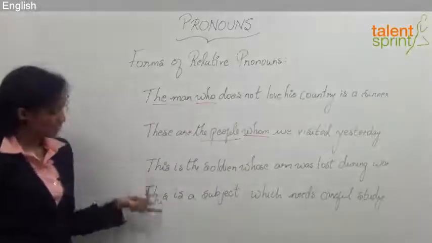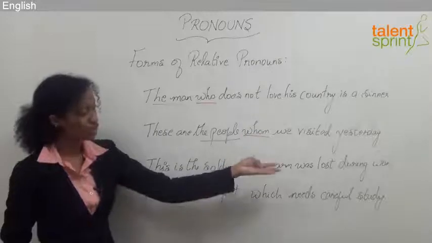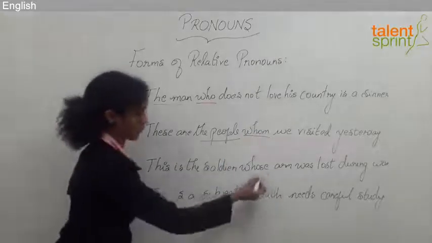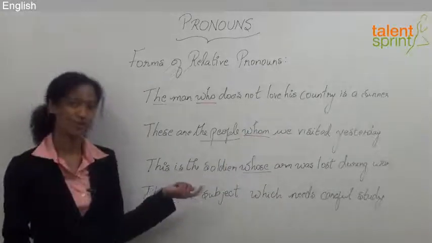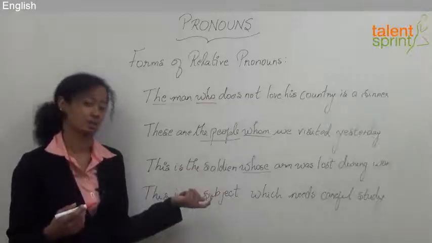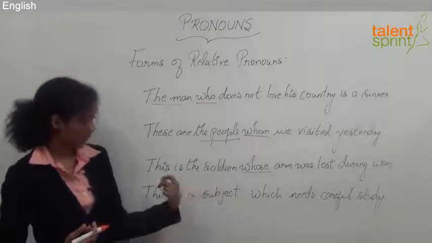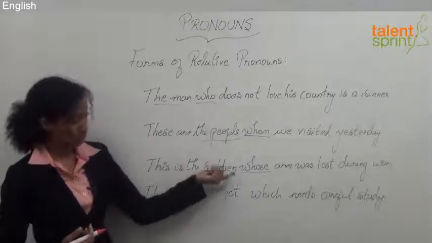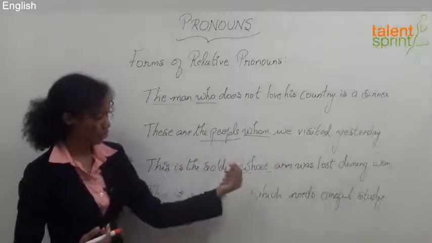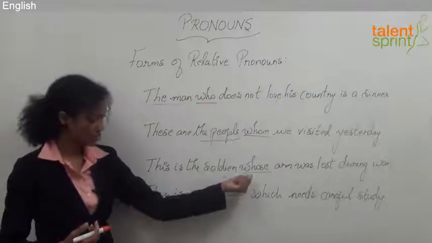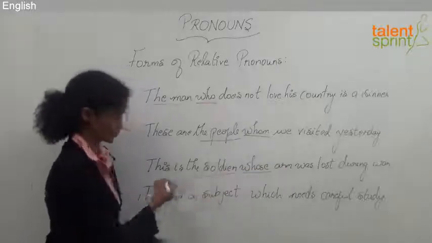The third one: this is the soldier whose arm was lost during war. Whose is a pronoun which is used for a person and things, and which expresses possession, right? So whose? The soldier's arm.